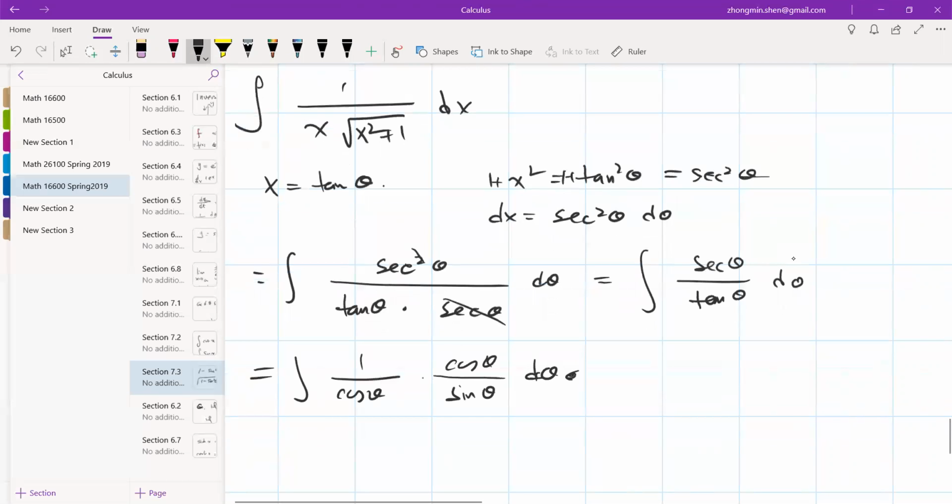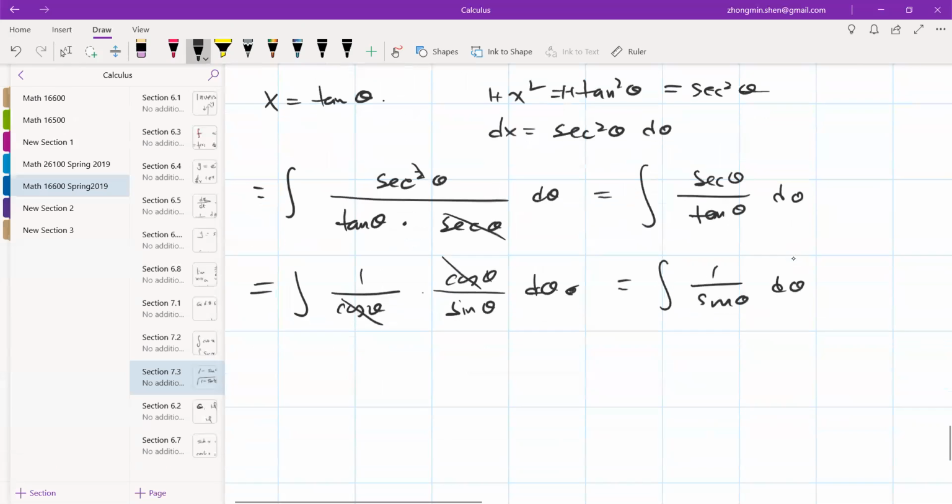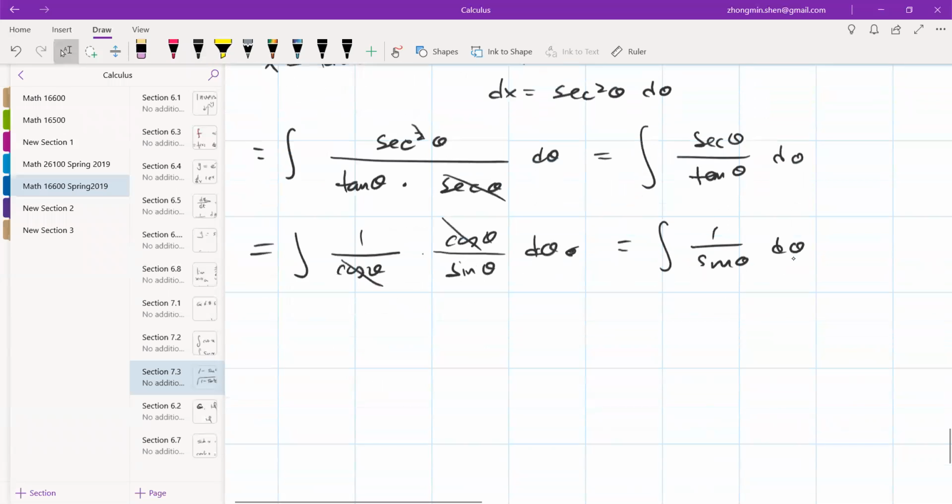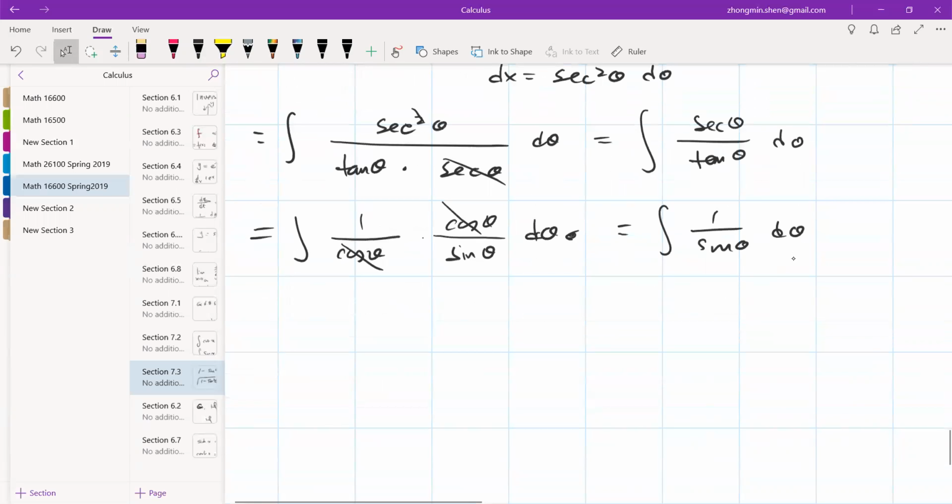I cancel cosine theta, so what you get is the integral of 1 over sine theta. How do you evaluate 1 over sine theta? Well, there's a formula. It's cosecant theta. How do you get the integral of cosecant theta?